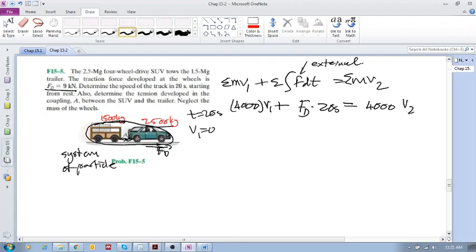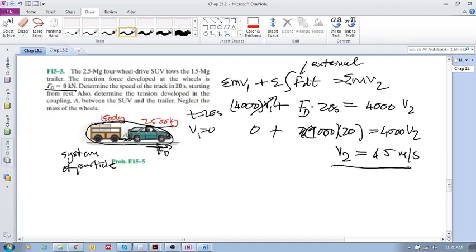We know that V1 was 0, so that falls away, so that's 0 plus 9,000 times 20, so there's my force times time, is 4,000 times V2, and if you solve for V2, it is equal to 45 meters per second.